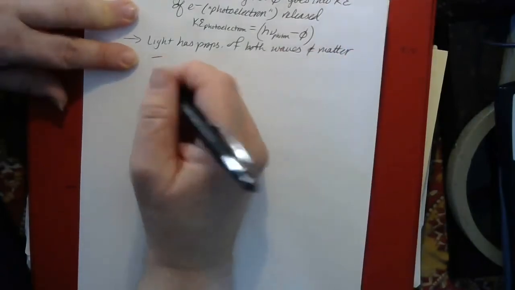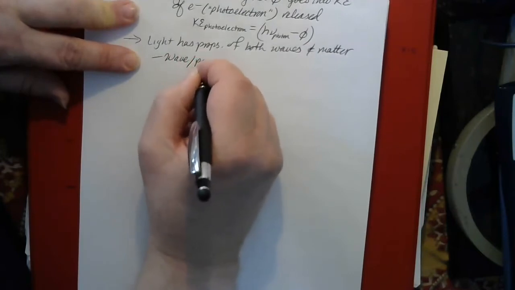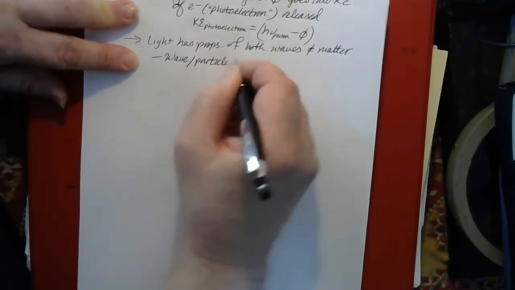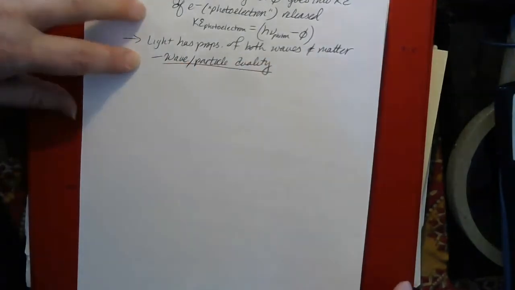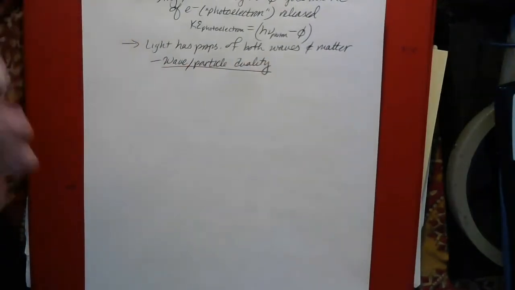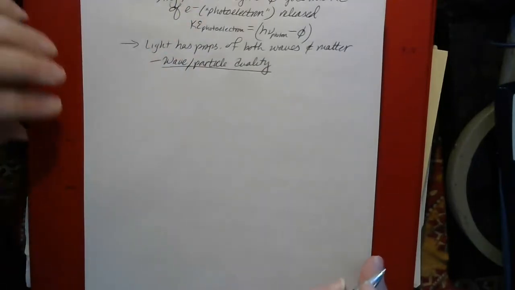And this is what we mean by wave-particle duality. So light is neither entirely waves nor entirely particles.